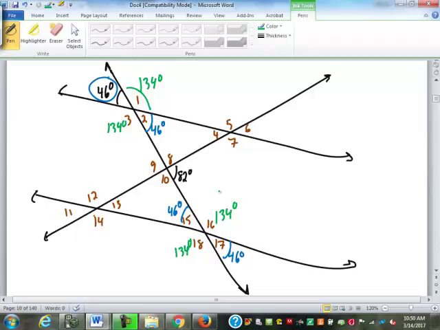Now, did you find any others? 8 has to be what? 98. 82 and 98, of course. Didn't give you enough information for the rest, did I? Doesn't look like it, but I did. What's 4 here have to be?